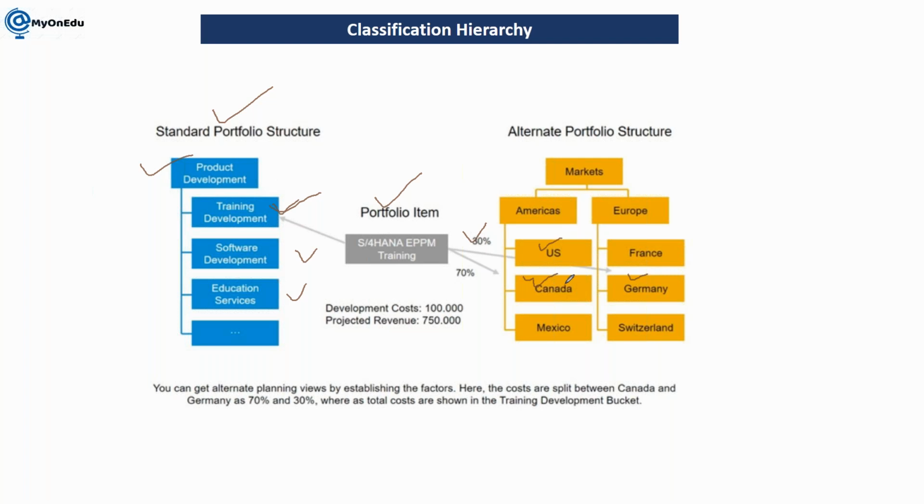Likewise you can see the reporting also. Similarly your cost will also be segregated. So if development cost is 100,000 USD and project revenue is 750,000 USD, the same is going to be bifurcated according to the percentage which you kept here.